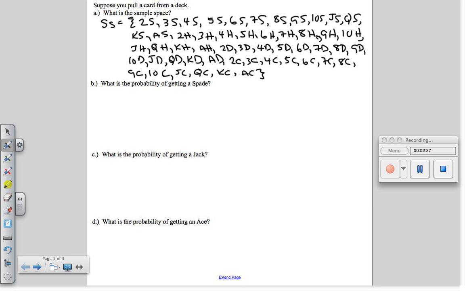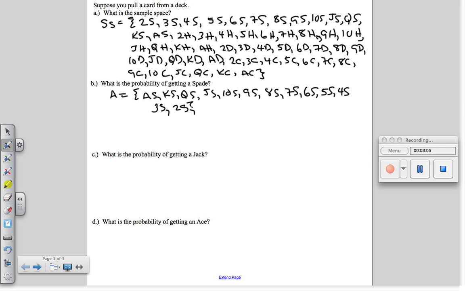52 cards in all. Now, what is the probability of getting a spade? We'll call this event A. This is getting a spade, and you can get the Ace of spades, the King of spades, Queen of spades, the Jack of spades, the 10 of spades, 9 of spades, 8 of spades, 7 of spades, 6 of spades, 5 of spades, 4 of spades, 3 of spades, 2 of spades, and that's it.